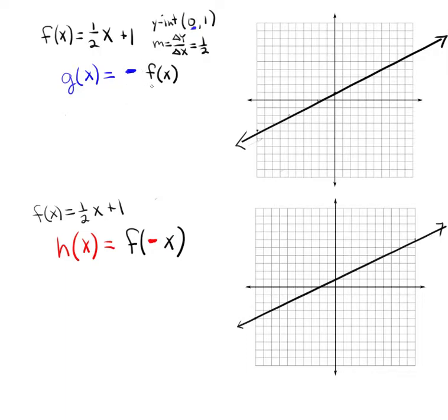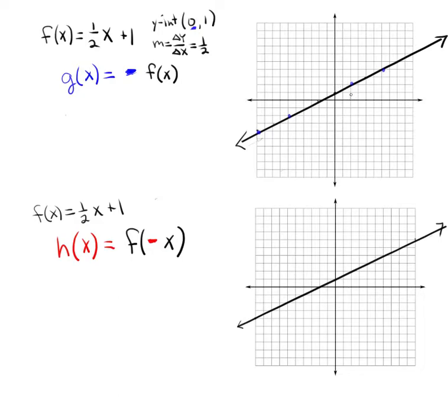Now we're going to take the outputs of that function. So every output on our graph, so this point right here and this point over here, these points down here and these points down here. We're looking at all those outputs, which is the f of x, and we're just going to take the opposite of them. So let's take a look at this part right here.